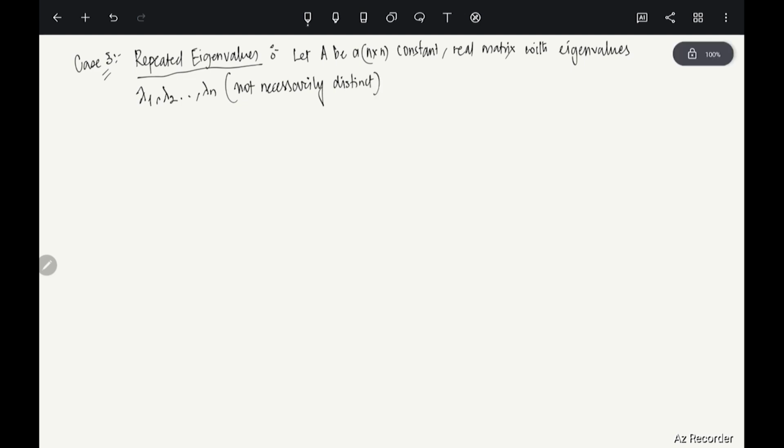And let there be n linearly independent eigenvectors, sorry, what am I saying? Not distinct, n linearly independent.